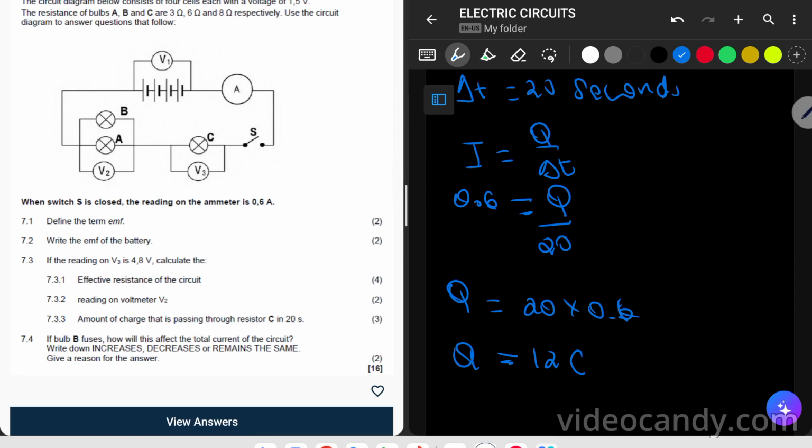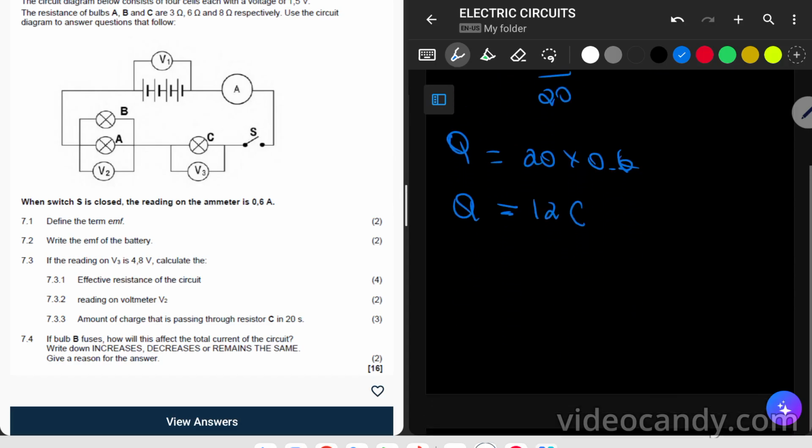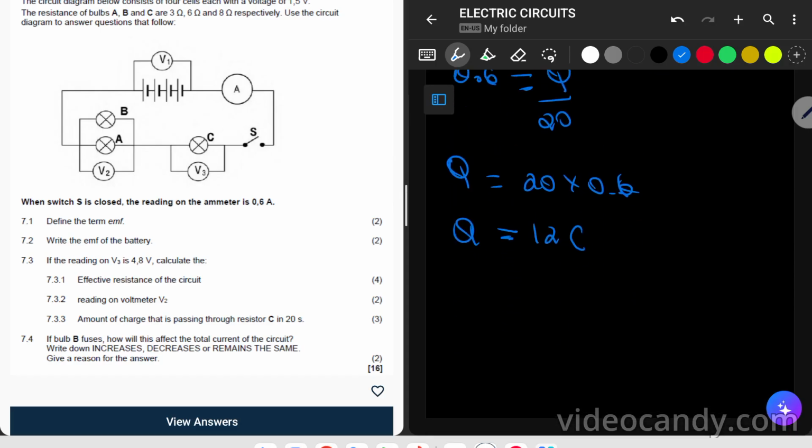Okay. Question 7.4. What are they saying? If bulb B fuses, bulb B is the one that is parallel with bulb A, resistor B. How will this affect the total current of the circuit? So, write down increase, decrease, or remain the same. Give a reason for your answer.